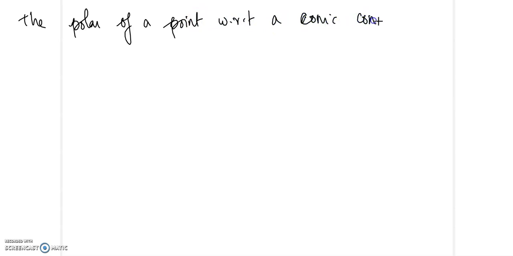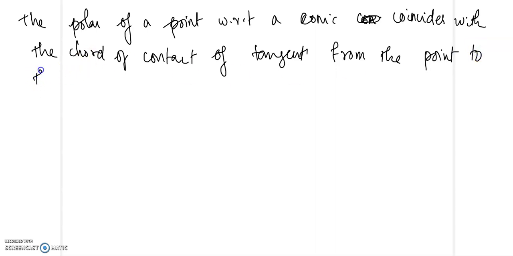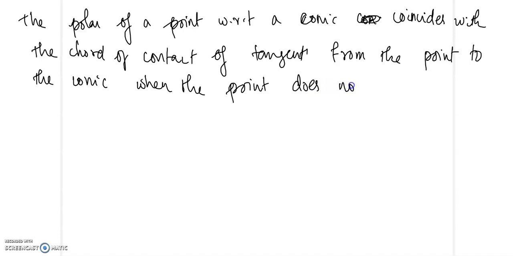So the polar of a point with respect to a conic coincides with the chord of contact of tangents from the point to the conic when the point does not lie on the conic.